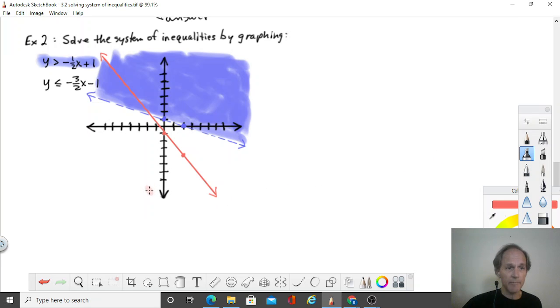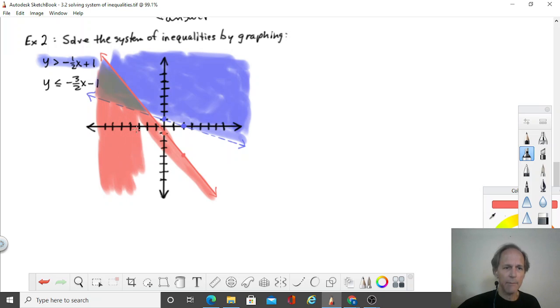Below it, right? Because it's less than or equal. So we shade below, we shade it in red, and so we're shading all the points that make that one true.